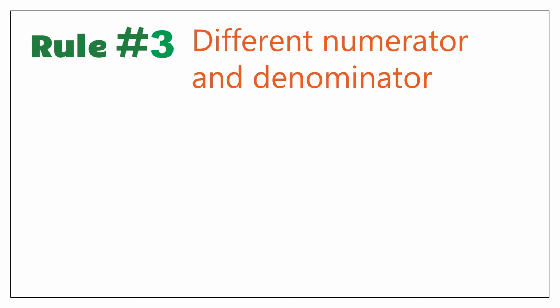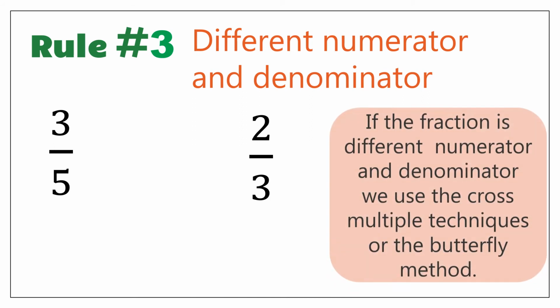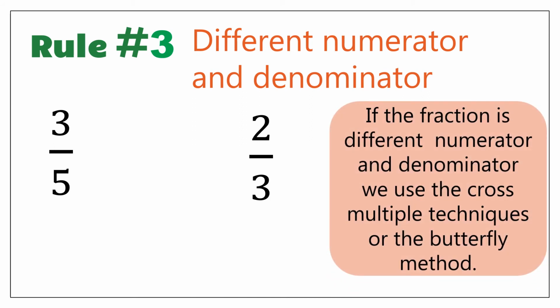Alright, rule number 3. So what if the fractions have different numerators and denominators? For example, 3/5 compared to 2/3. Rule 3 states that if the fractions have different numerators and denominators, we use the cross multiply technique, or the butterfly method.